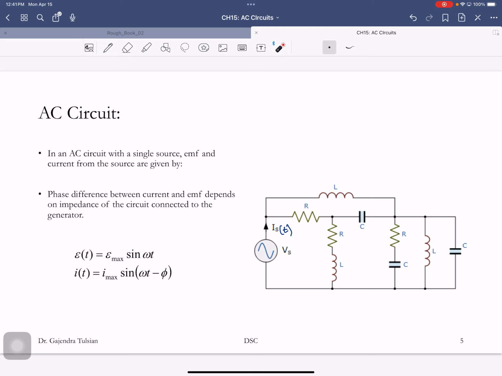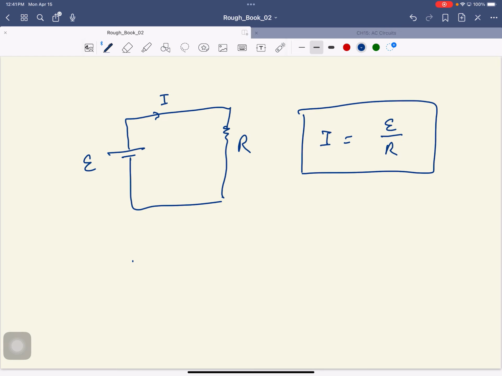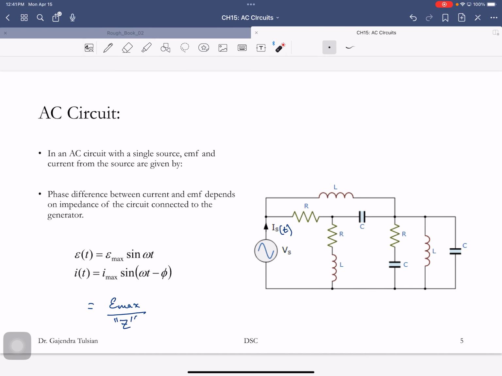Now, the amplitude of the current is related to the amplitude of the voltage. So it's E max divided by Z. Just like in a DC circuit, the current is EMF divided by the resistance. We're going to generalize that.